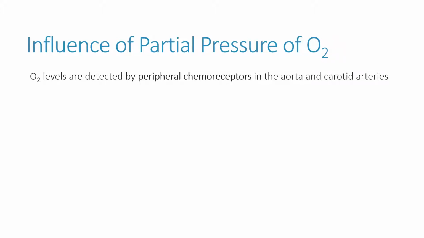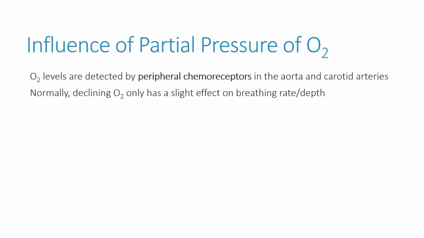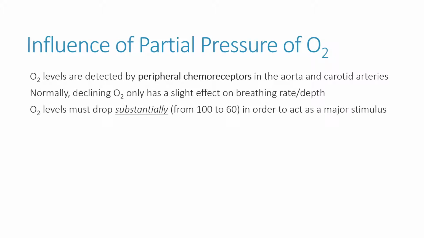Oxygen levels are detected by peripheral chemoreceptors. These are not in the brain or the brainstem. These chemoreceptors are found in places like near the aorta and the carotid arteries. These peripheral chemoreceptors are looking for any changes in oxygen. Normally, declining oxygen only has a slight effect on our breathing rate and depth.